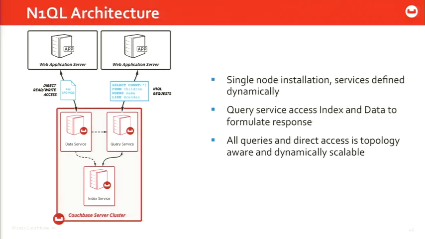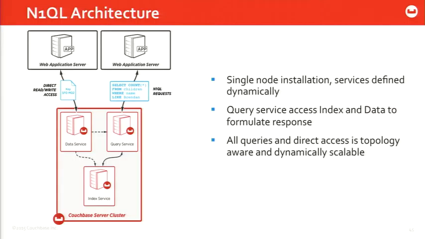Okay? Now, in terms of the architecture, given our multi-dimensional scaling, you can have a single cluster of Couchbase, each node running a data service, a query service, and an index service. Or you can have a cluster where you have some nodes running the data service, some nodes running the query service, and some nodes running the index service, so that you can scale your hardware based on your workloads.